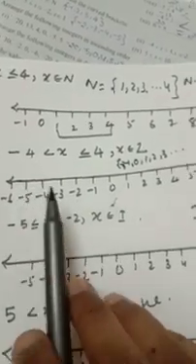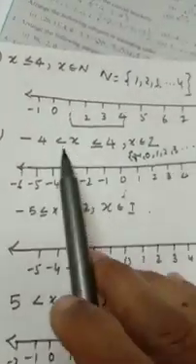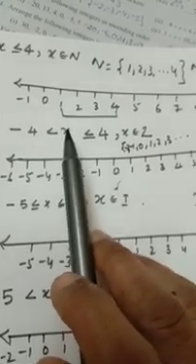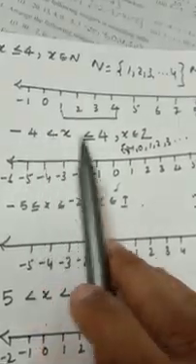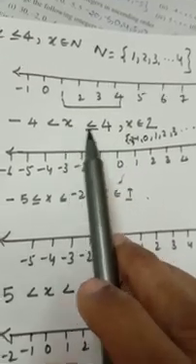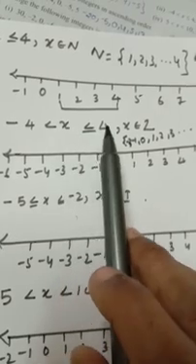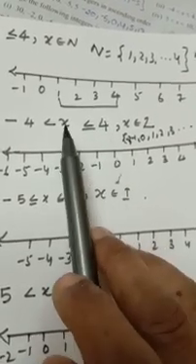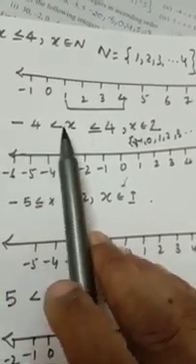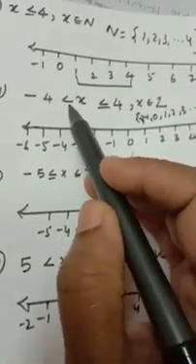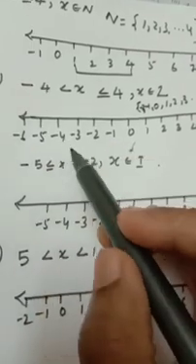If you draw a number line, x is an integer greater than -4 and less than or equal to 4. Equal sign is there, so x can be 4, or less than 4, but it should be greater than -4. The equal sign is not there for -4, so you can't include -4.